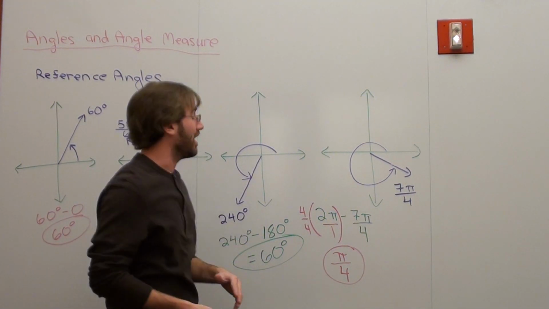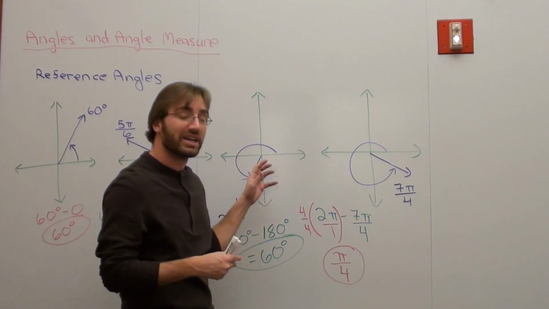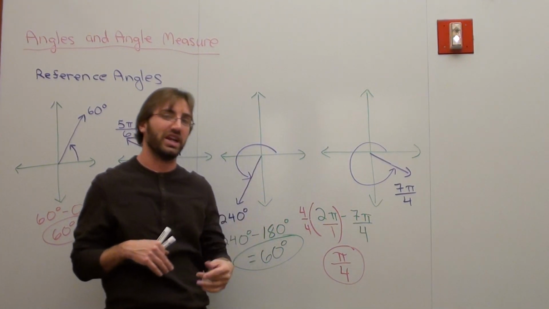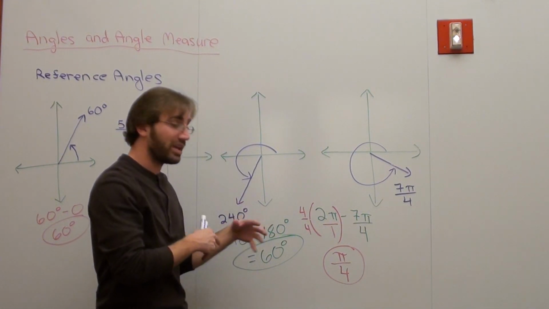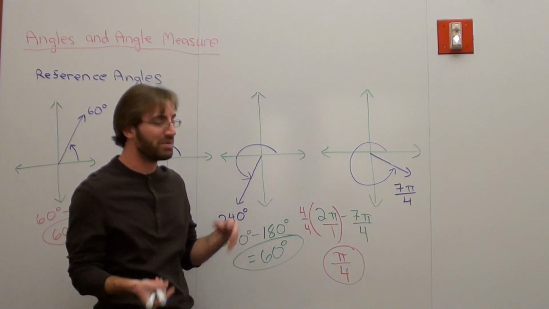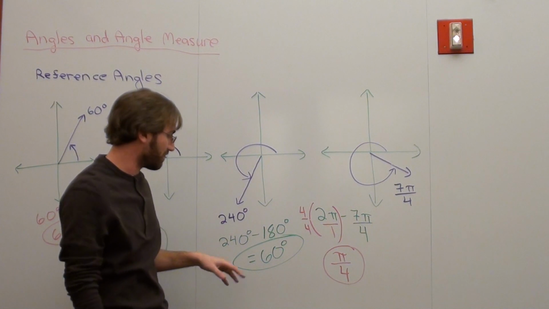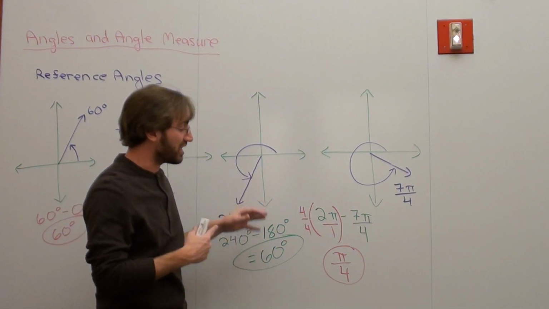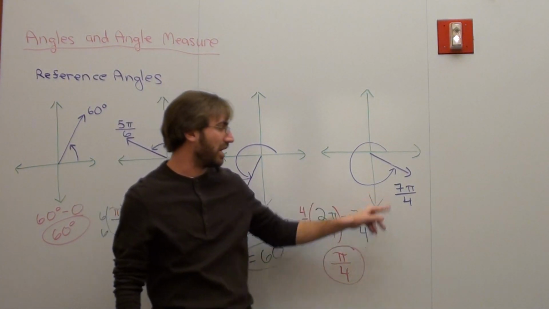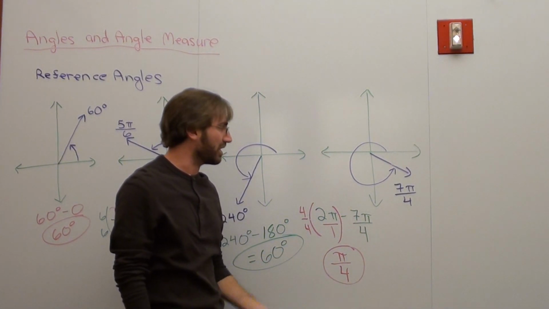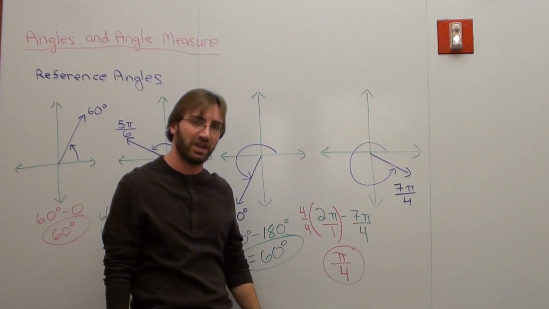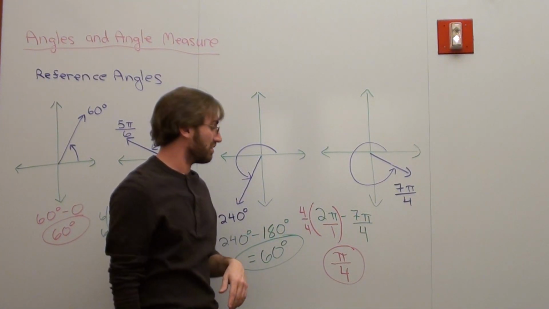It's 1/2. And all I have to do is look at which side of the x-axis it's on, and determine if it's positive or negative. Now, we haven't actually done that yet, and we'll get to that. Maybe the next lesson, maybe a couple others afterwards. But that's what the reference angle is actually used for. When I see 7 pi over 4, I convert it to pi over 4, which is 45 degrees, then I can take the sine, cosine, and tangent of that very quickly without the use of a calculator.